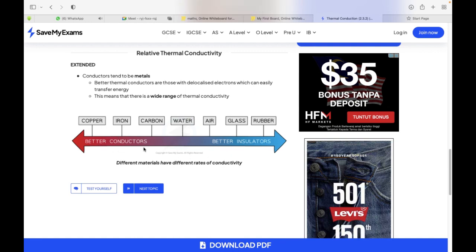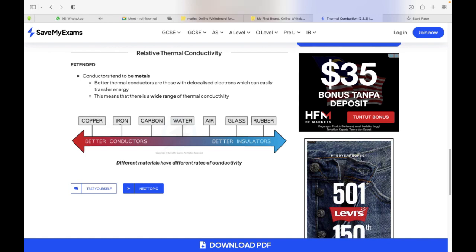We use a diagram to illustrate these materials. When heat is supplied, you can see copper is a better heat conductor than any other one.